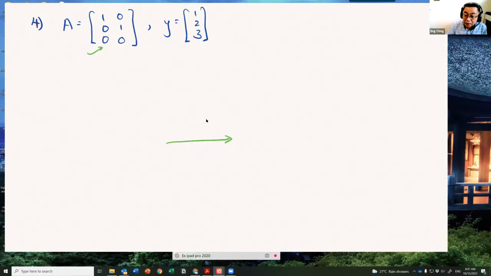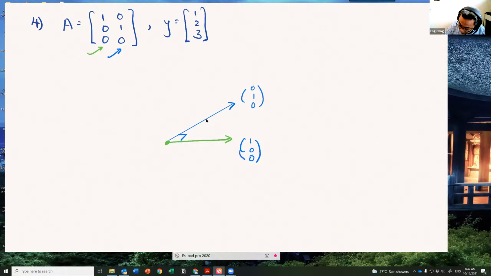So this is 1, 0, 0. This is the origin. We'll now draw this. And then notice that they are orthogonal to each other. This is 1, 0, 0. This is 0, 1, 0.